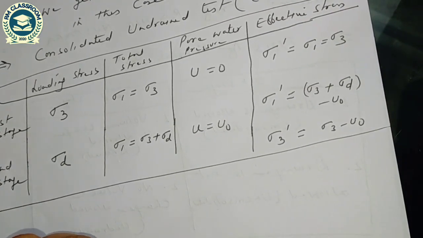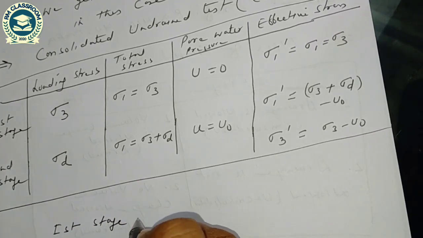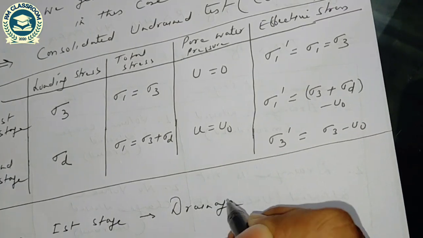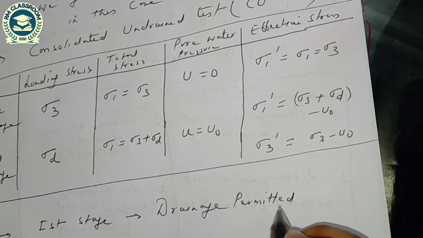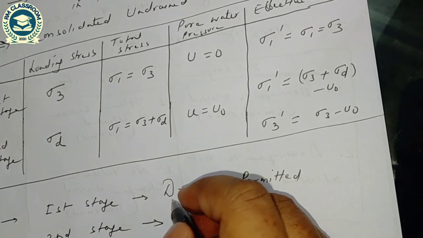So in CU test, first stage drainage permitted, and second stage drainage not permitted.